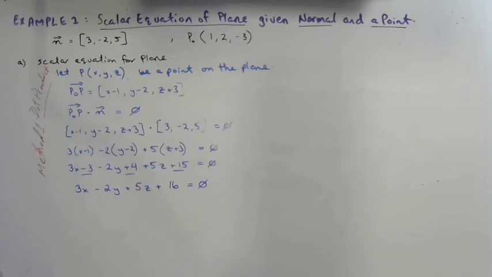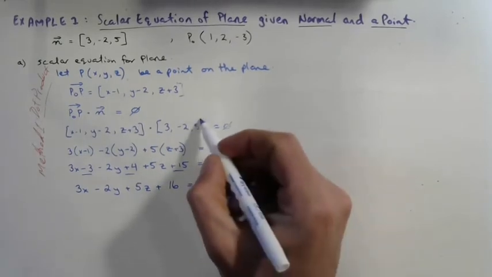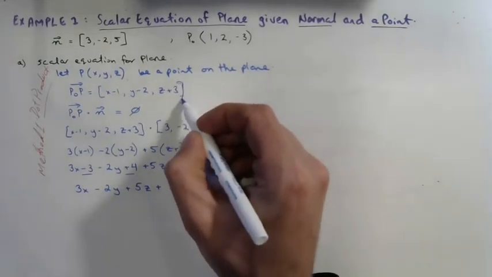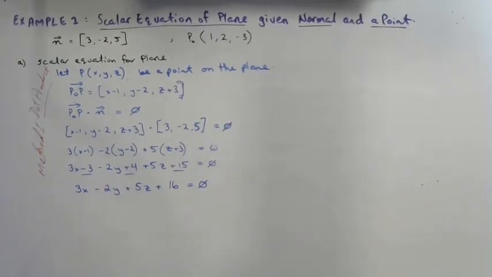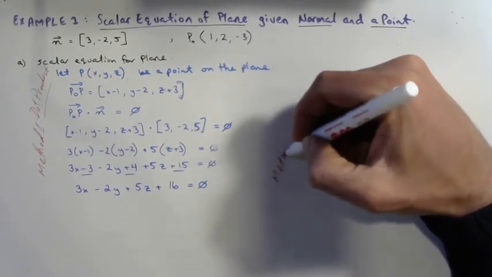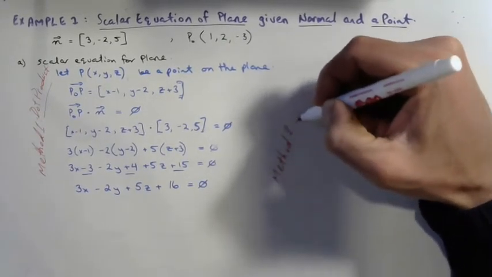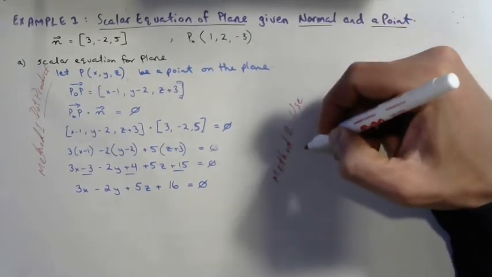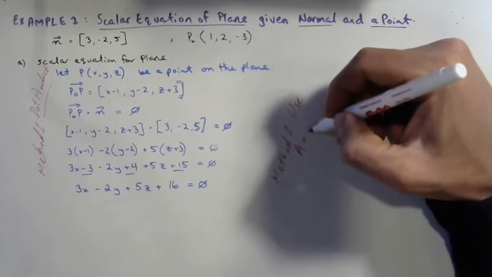But, and you may have thought of this earlier, there's an easier way to do this, or at least a shorter way to do this. And we're going to call that method 2. I'm going to do it over here. And that's going to be using the scalar equation itself.